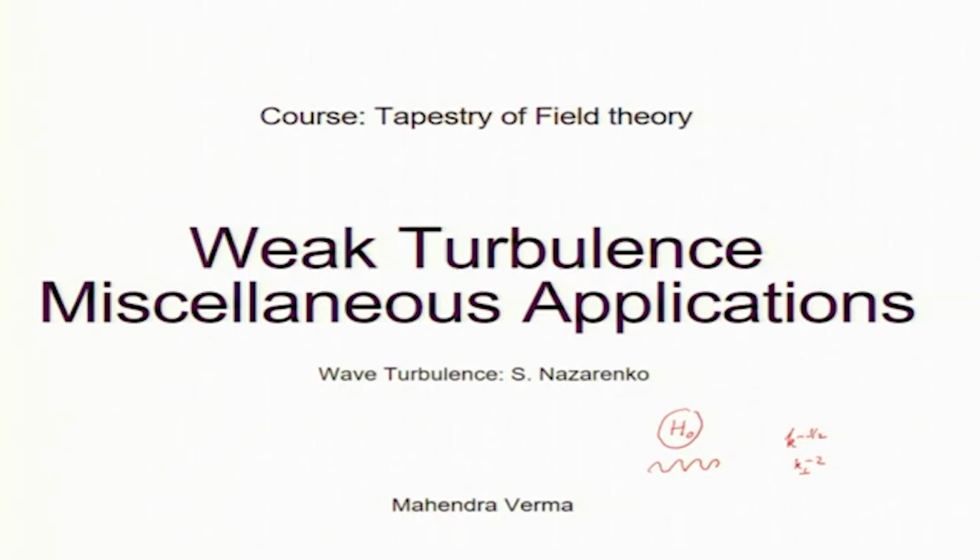We will not want to discuss the physics of these examples which are quite complicated, but we are just going to treat it as a mathematical problem, okay. I am not expecting you to become an expert of rotating turbulence or even get a full gist of it, but I will show you how to derive the spectrum for rotating turbulence using weak turbulence theory.